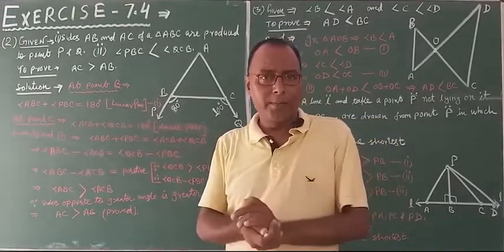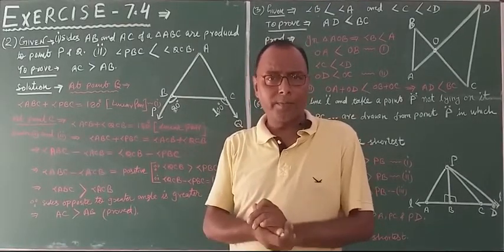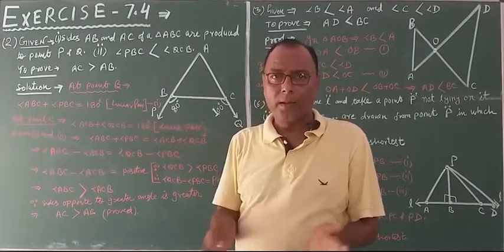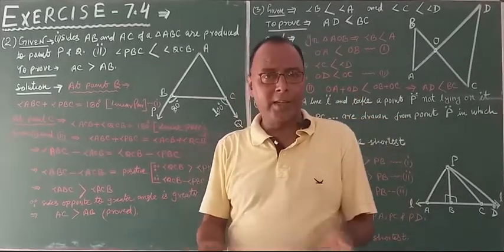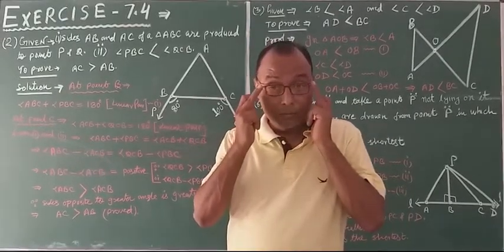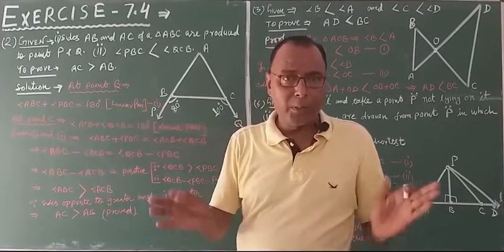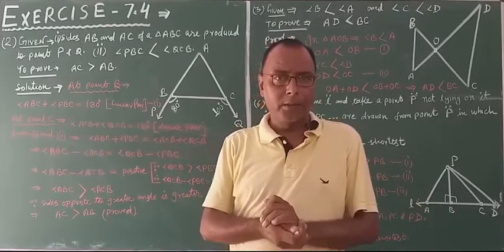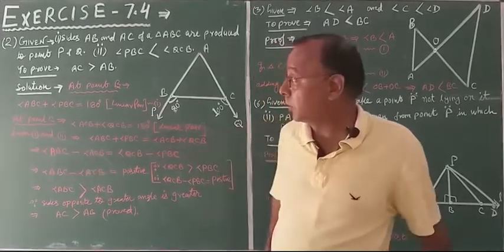The next one is: the side opposite to the smaller angle is smaller. Next, the angle opposite to the greater side is greater, and the last one was: the angle opposite to the smaller side is smaller. Is it okay? So these were the fundamentals. Now come to this question.